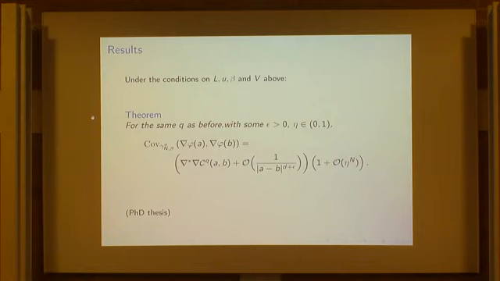attacked the two-point correlation function under this finite volume Gibbs measure, and I found that it just behaves as the covariance of the Gaussian free field with this covariance C_Q here, with the same Q as above, with some corrections.